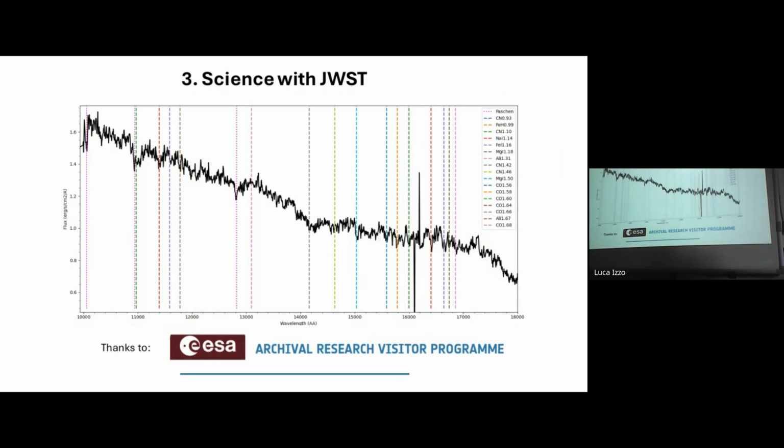And I lost almost most of my sight looking for a good spectrum, but after some time I could find this very nice spectrum, which is a quiescent galaxy at redshift 2. This is the infrared part of the spectrum. It's very shifted, and you can see there are a lot of very nice infrared spectral indices, which is a topic that is actually not very much explored. So this is a very unique opportunity. And yeah, that's it.